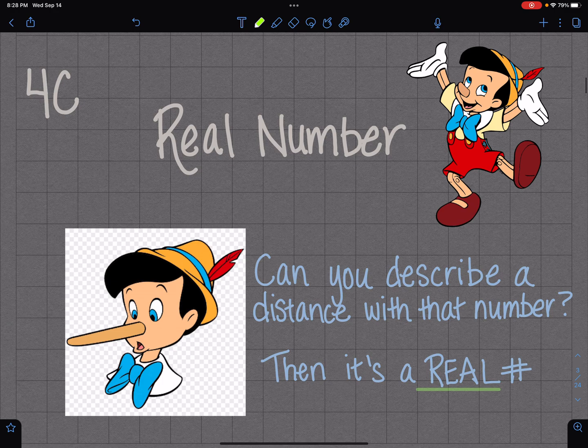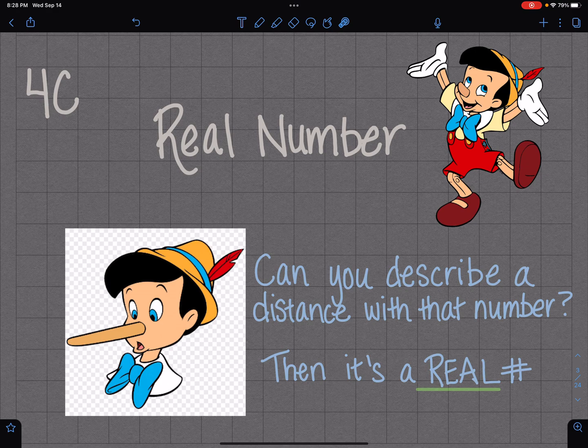Okay, real numbers. So this reminded me of Pinocchio. I want to be a real boy. So what is the definition of a real number? The way that it's defined is that if you can use the number to describe a physical distance that's greater than 0, then it's a real number.